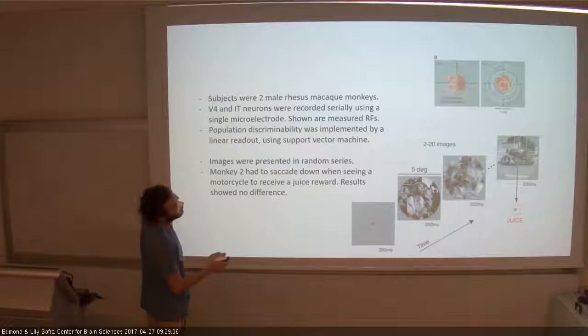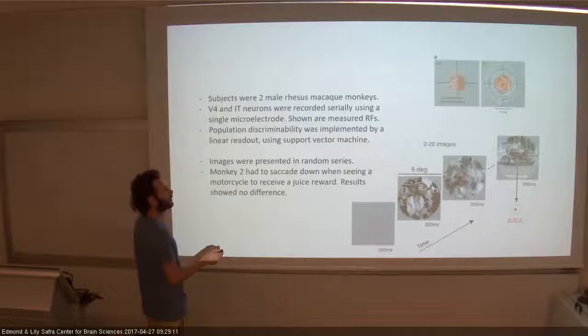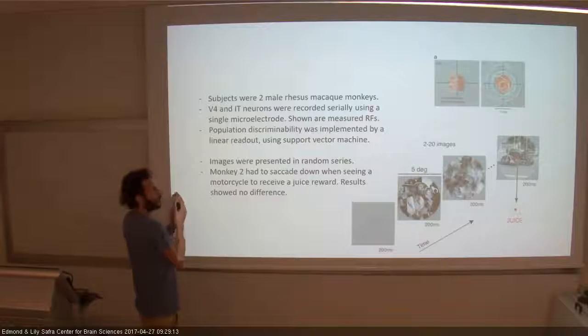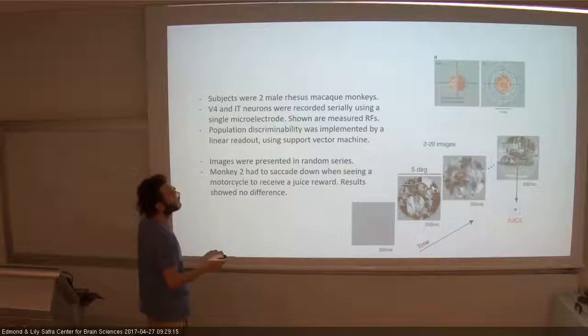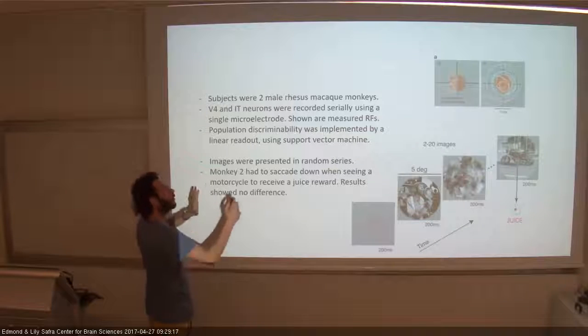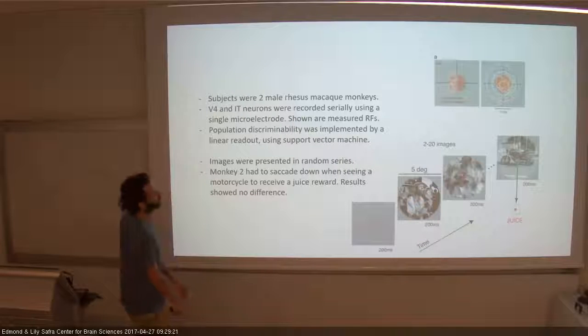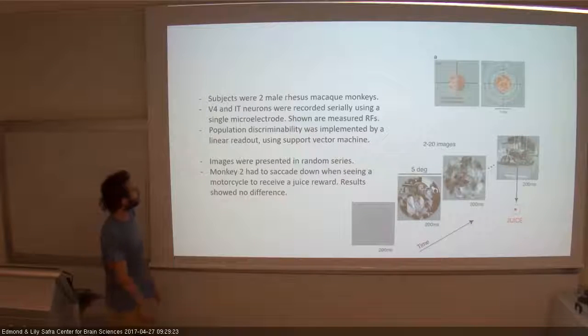We see here already the receptive fields, which are smaller than before and also really separated between both hemispheres. And IT is showing most of the visual field in both hemispheres.